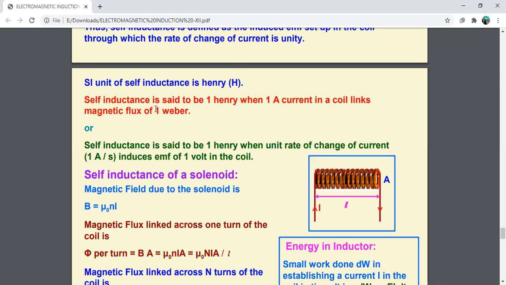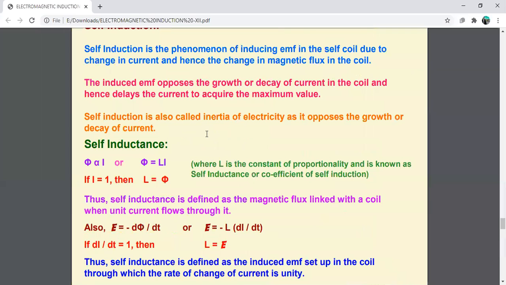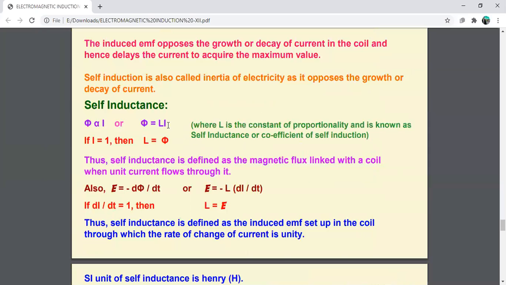So self-inductance is said to be 1 Henry when 1 ampere of current in a coil links with a magnetic flux of 1 Weber. So you see here phi equal to Li. When I becomes 1 ampere and phi becomes 1 Weber, then L is said to be 1 Henry.